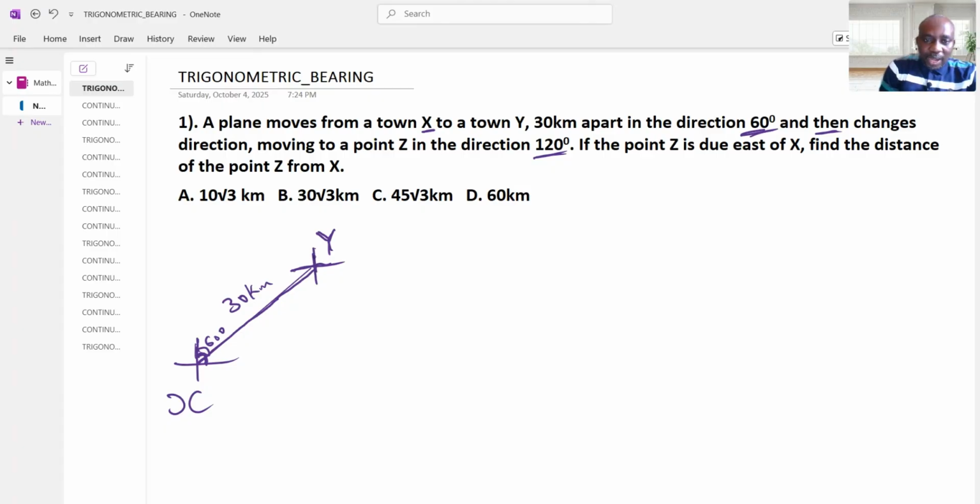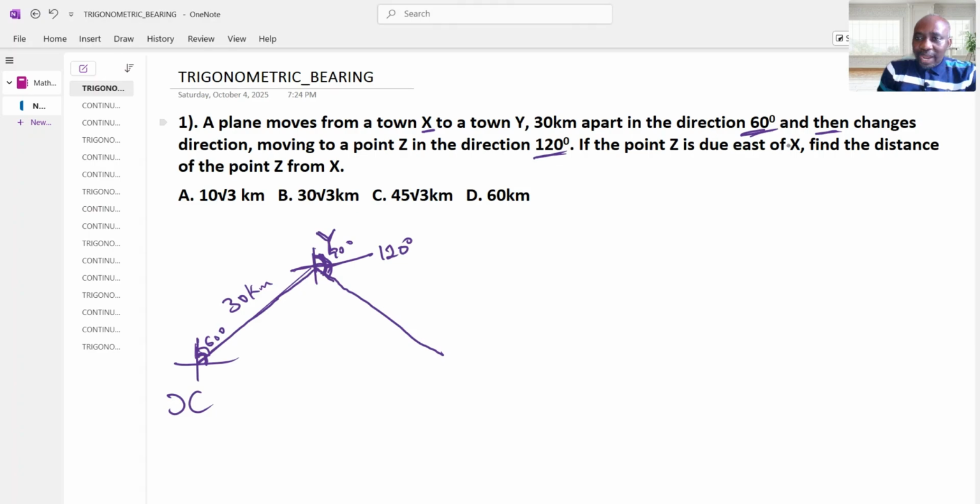If you look here, from 1, 2, 3, 4, 5, this is 90 degrees already. You start from 91, 92, 93, 94, 95, up to 120. It will stop here. It means that from here to here is 120 degrees, and it moves like this.